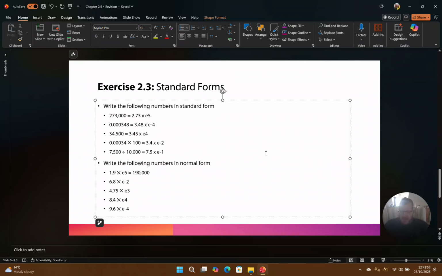Now, the other ones aren't going to be too difficult because then you've got 6.8 and you're going 2 decimals to the left. So it's 1, 2. And that should be your answer.